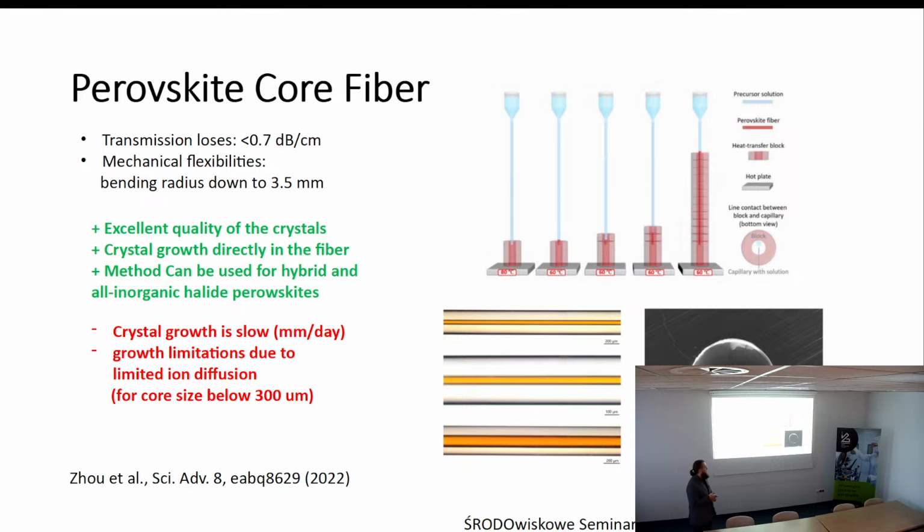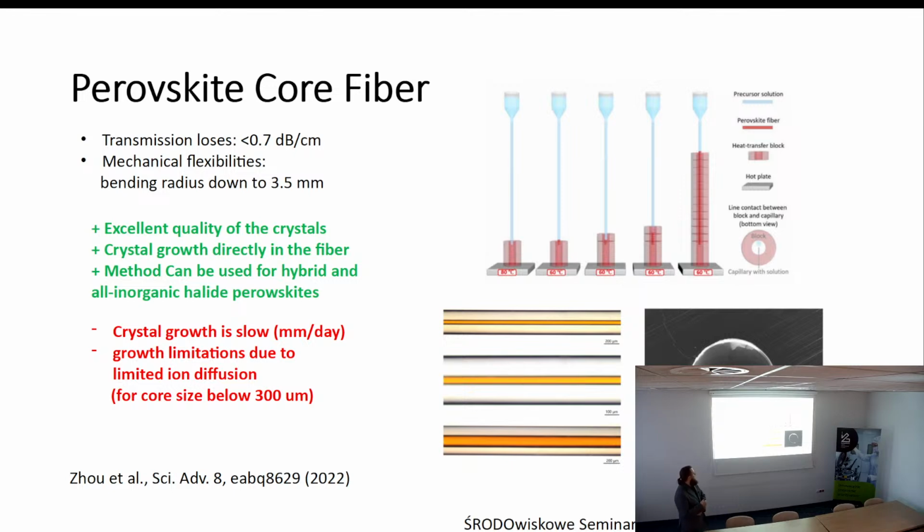So this method is excellent. It grants excellent quality of crystals. Crystals grow directly in the fiber, so we can prepare the fiber and then grow the crystal. And the method can be used for both inorganic and hybrid perovskites.